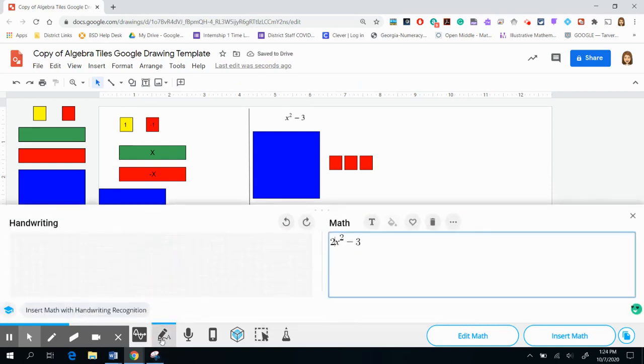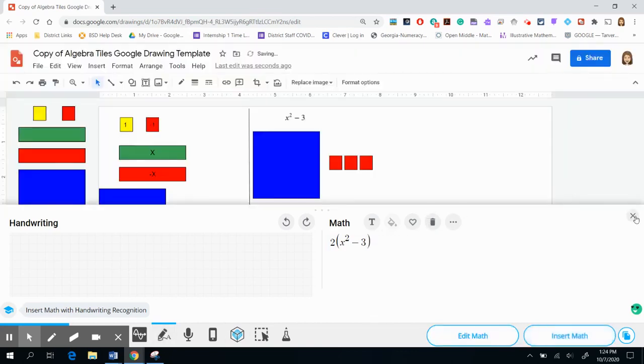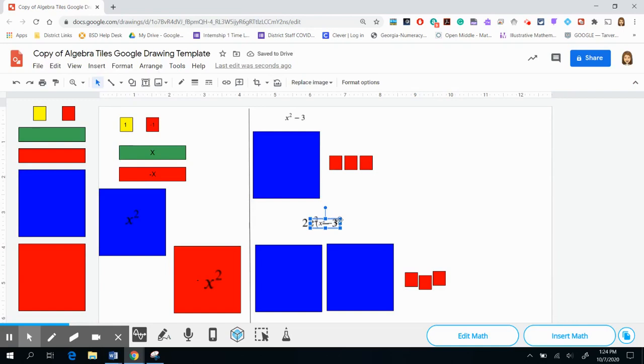All right, let's take a look at one more example. This one has 2, then parentheses, and inside the parentheses is x squared minus 3. How do you think we would read that?